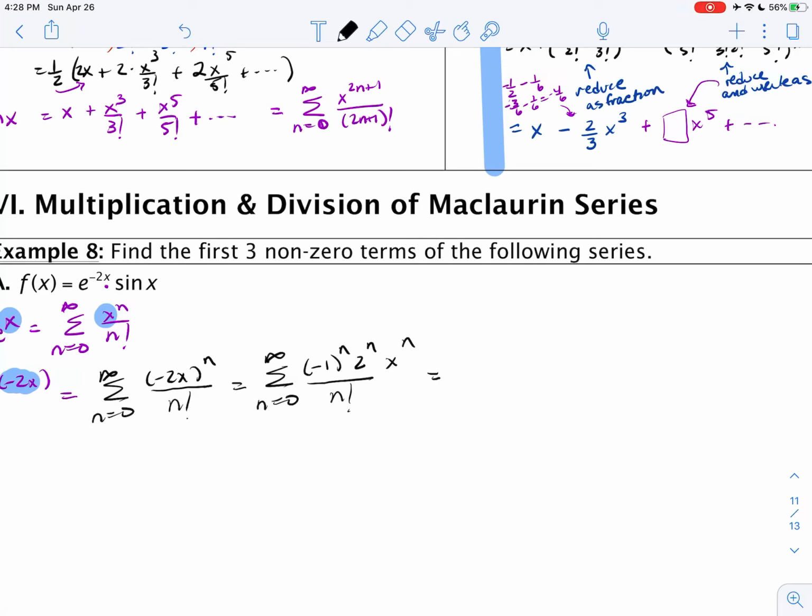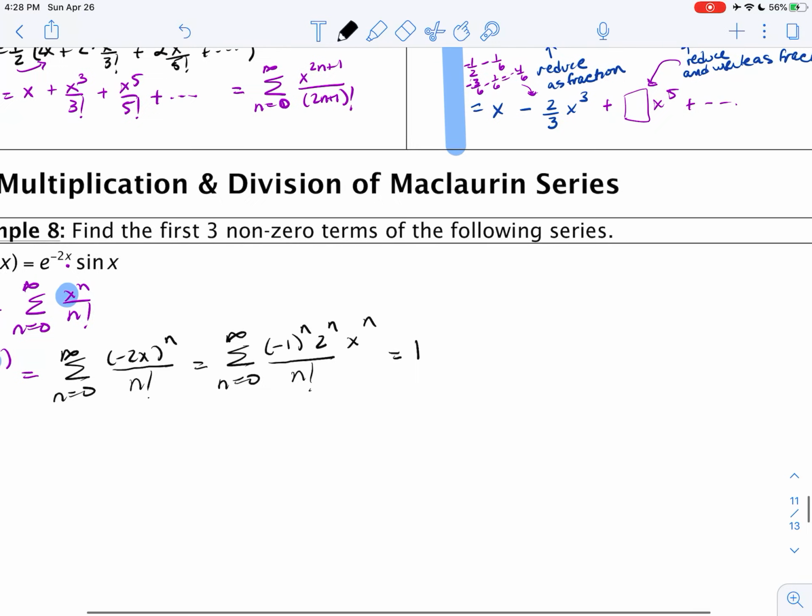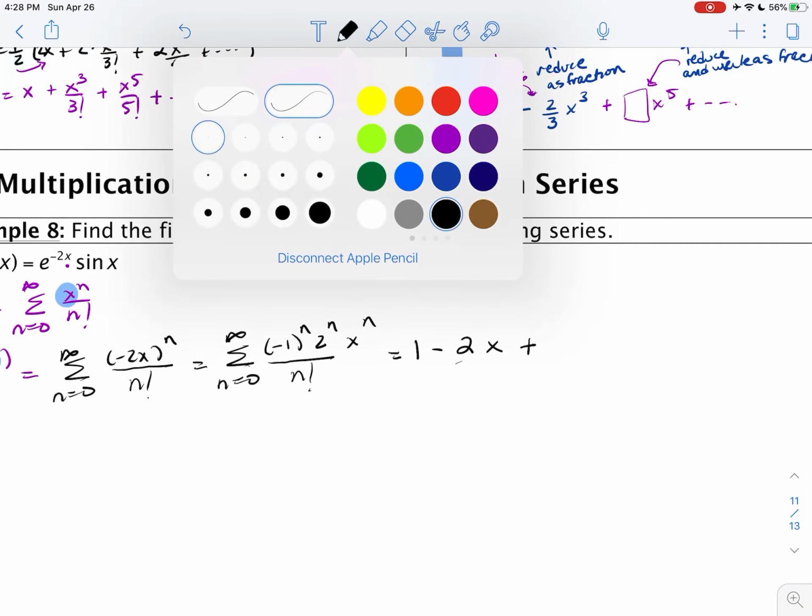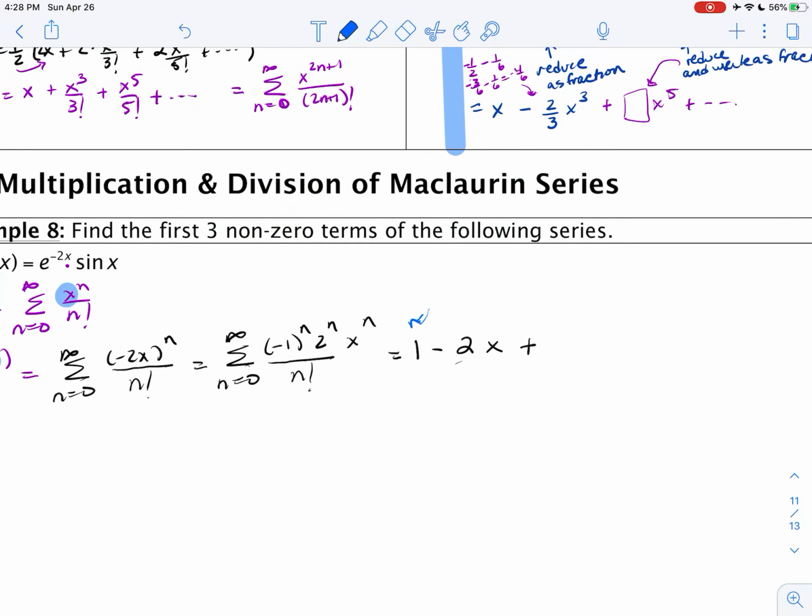And if we wanted to write out the first couple of terms for n equal to 0, we'd have minus 1 to the 0, 2 to the 0, which is 1, and 1 over 0 factorial is 1, and x to the 0 is 1. So we have 1. When n is equal to 1, we would have minus 2x over 1 factorial, so this would be over 1.